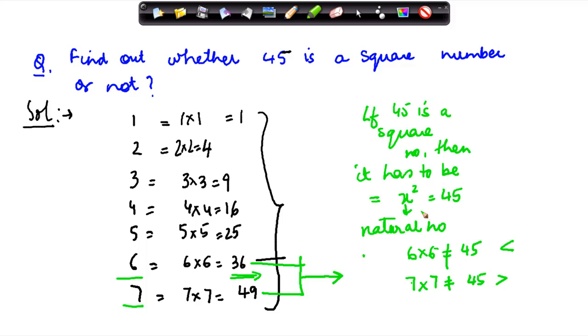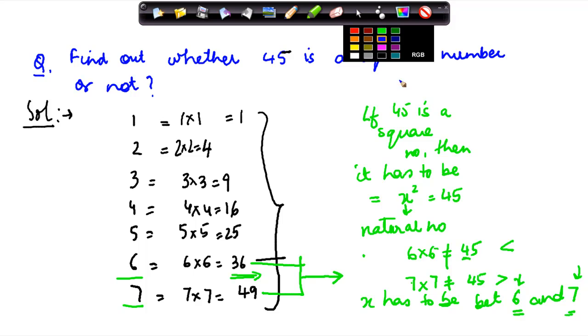So the value of x has to be between 6 and 7, right? Because there has to be a number which, when multiplied by itself, gives 45. But neither 6 nor 7 when multiplied by itself gives 45. 7 is more, 6 is less. So the number has to be between these two.